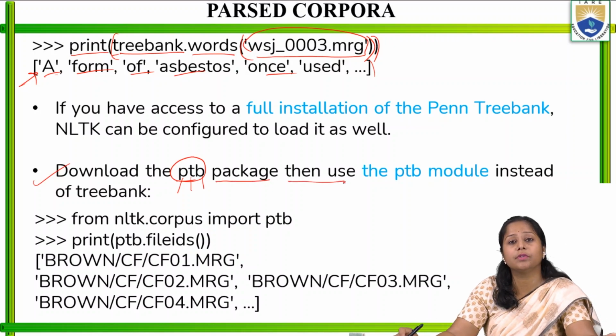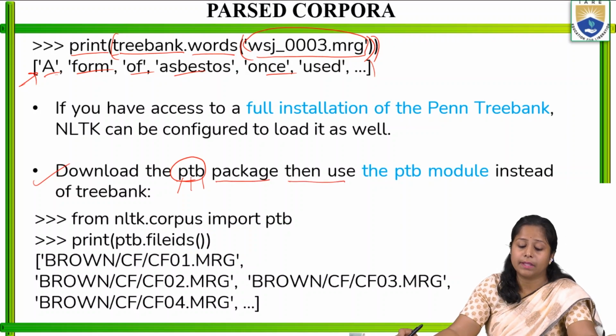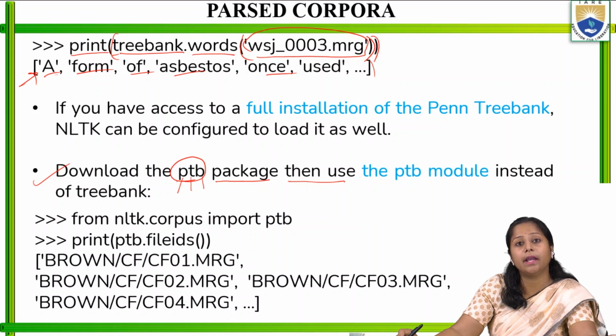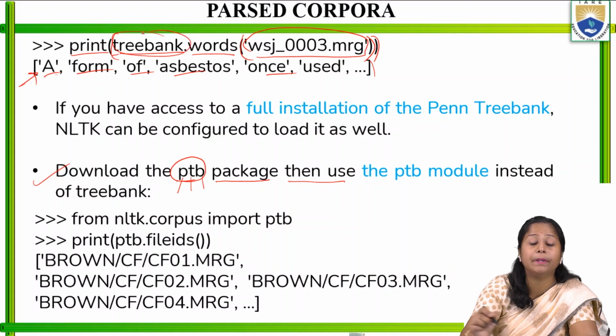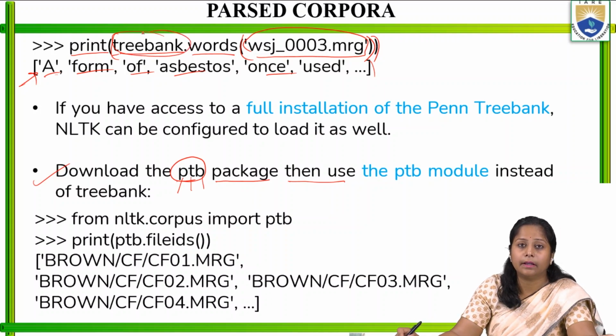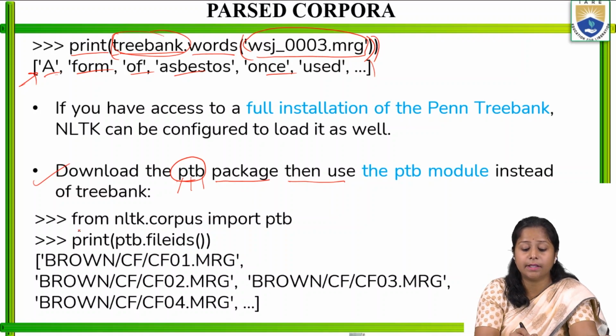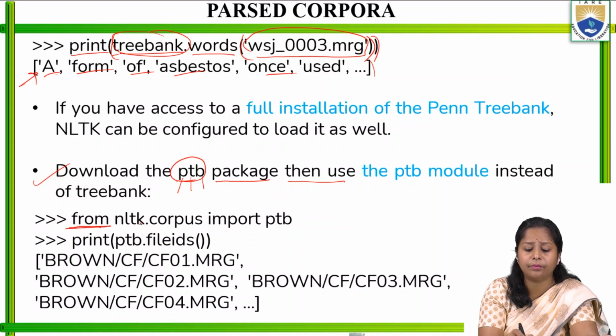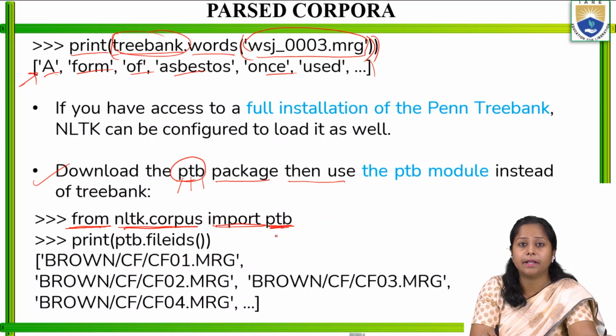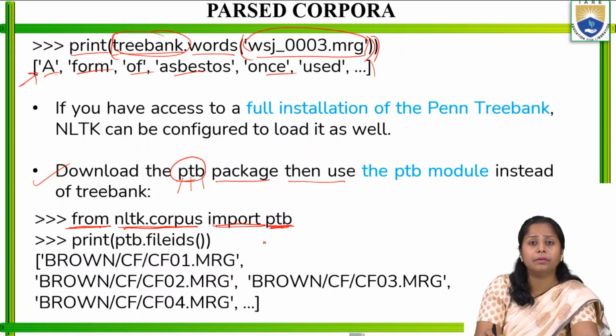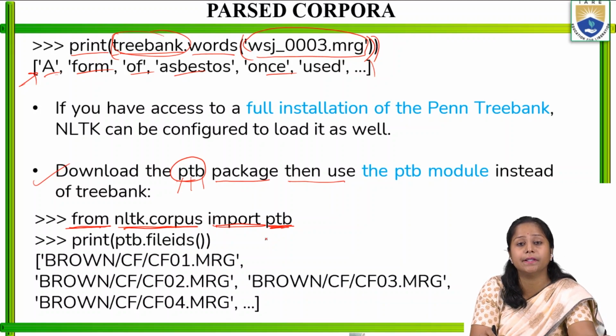Then I need to use the PTB module instead of treebank. Where I wrote treebank in the earlier slide, I need to write PTB, so that it will all be downloaded in one place. Then in the next line on the command prompt, I need to write from nltk.corpus import ptb, that is, Penn Treebank. Now we can see the different fields on that.